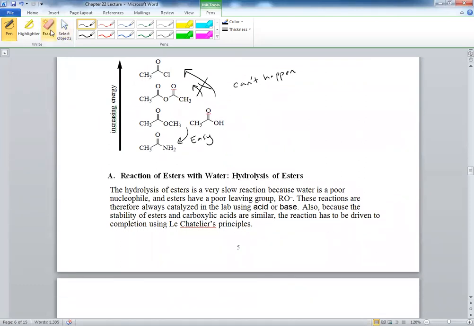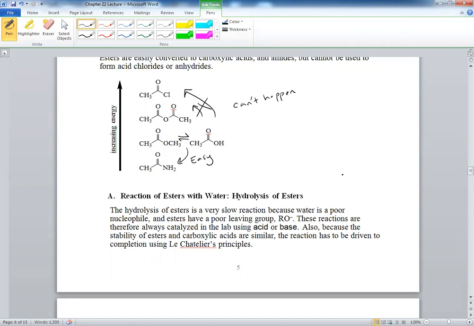Now, while we're here, notice that esters and carboxylic acids are as reactive as each other, so they have the same reactivity. So the question you might have is, can the reaction take place between them? The answer is yes, but they are at equilibrium. The only way to drive the reaction in one direction or the other is to apply Le Chatelier's principle.